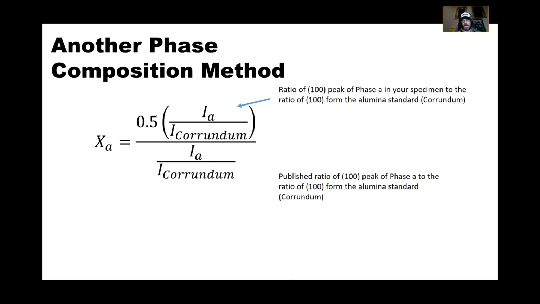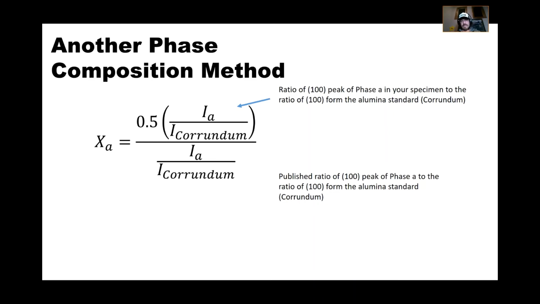However, it's a solid block, or probably a compacted block with multi-crystallites, right? And so you could figure out another phase composition method. If you're interested in phase A in a global specimen, the weight fraction of A can be found by this equation, 0.5.